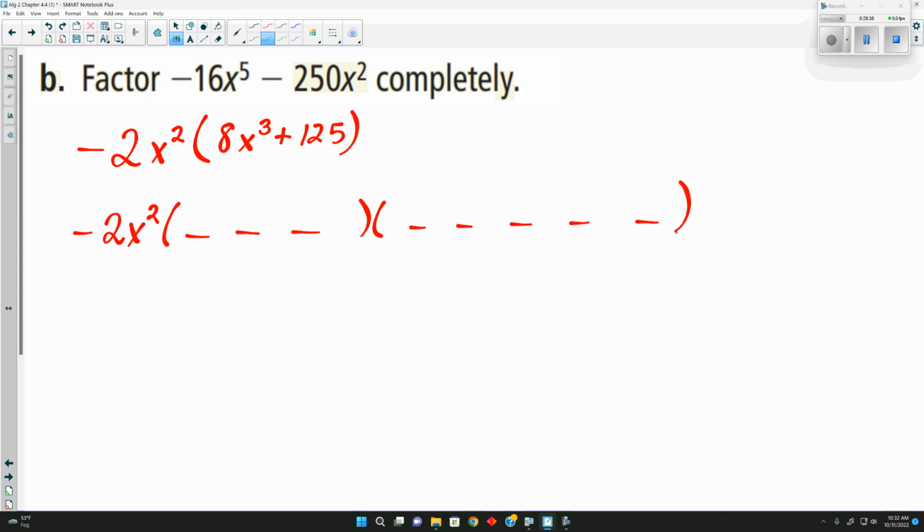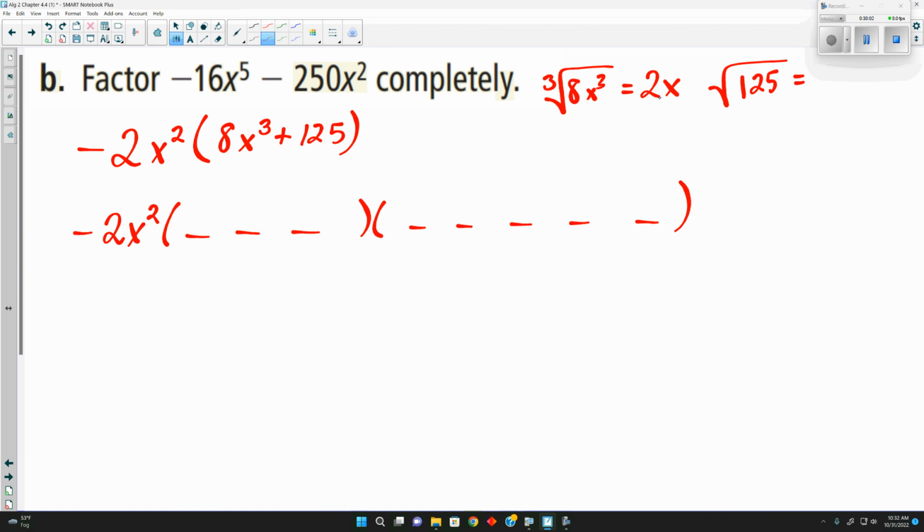Now this will be a sum of perfect cubes. And we can check that by taking the cubed root of 8x to the 3rd and the cubed root of 125. Well, the cubed root of x to the 3rd would be x. And as we've seen already, the cubed root of 8 is 2.